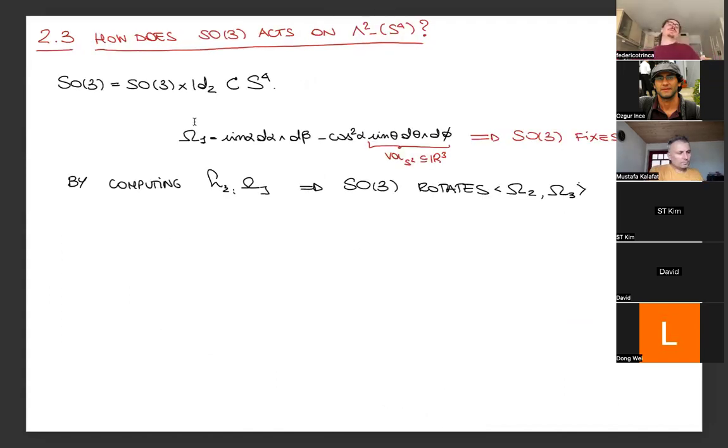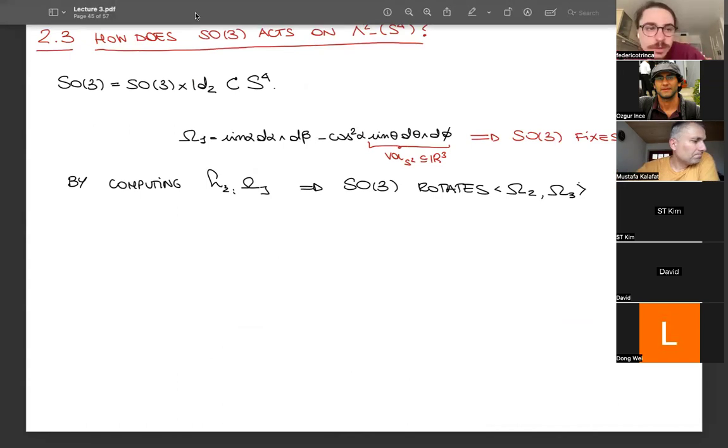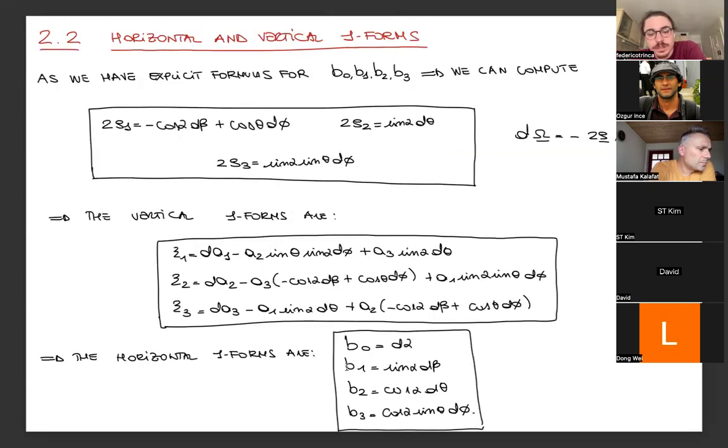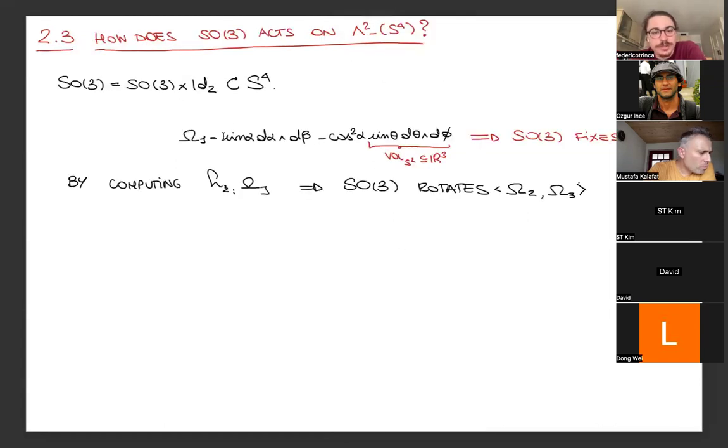Okay, so now we really need to understand how the SO3 action acts on the anti-self dual two forms. We know how it acts on S4 very well, and we now want to understand how it acts on the total space. And you can check that omega 1 is given by this formula here, and this is straightforward from B0. If you do B0 wedge B1 minus B2 wedge B3, you precisely obtain this formula.